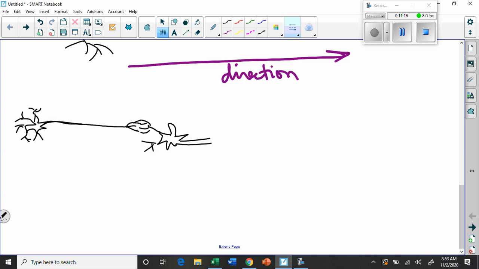Because the neuron has so many branches, you could have several nerves connecting to a neuron. There's more than one connection. It's possible that another neuron, say down here, also extends out and attaches to the same neuron through its own axon.